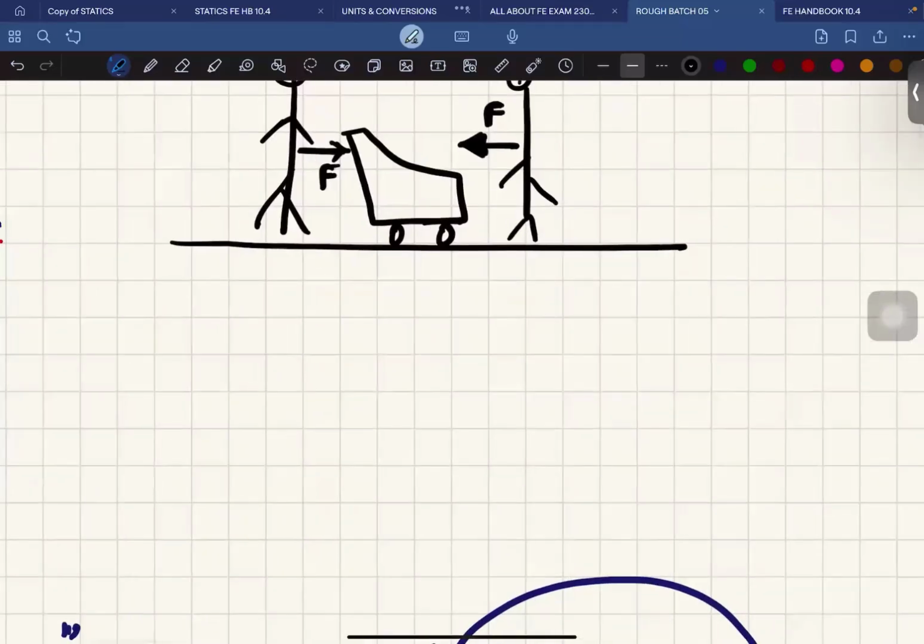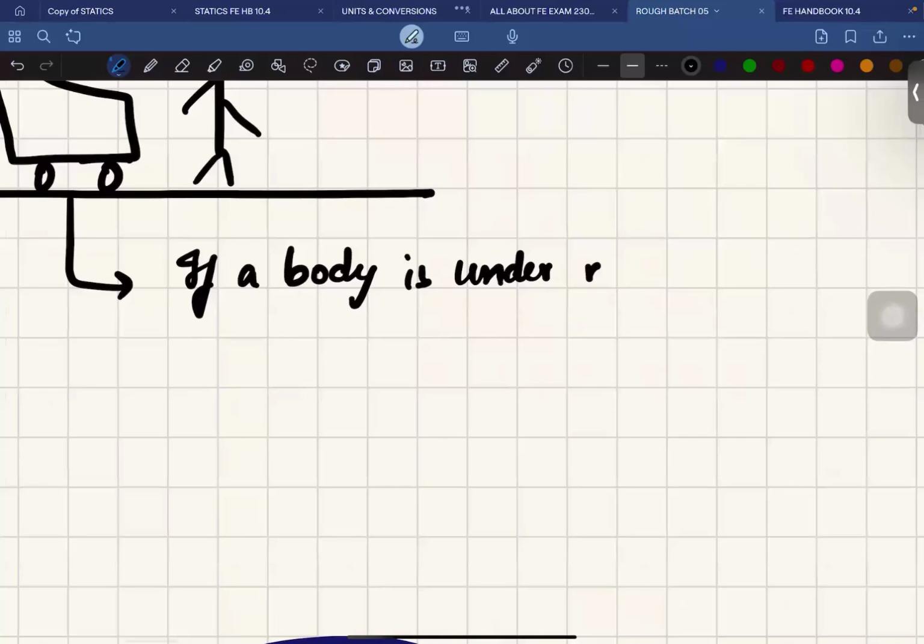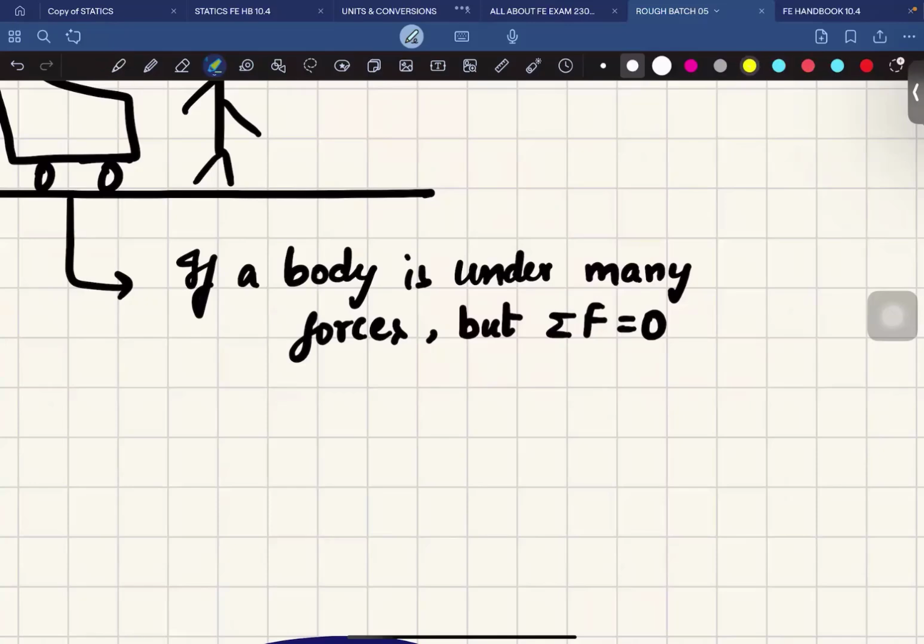So I can say if a body is under many forces, it need not be one, but the summation of all the forces is 0, then the body is in equilibrium.